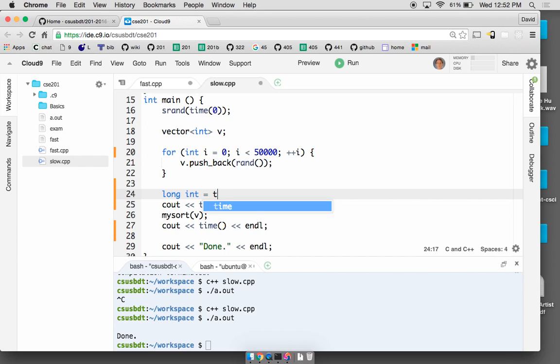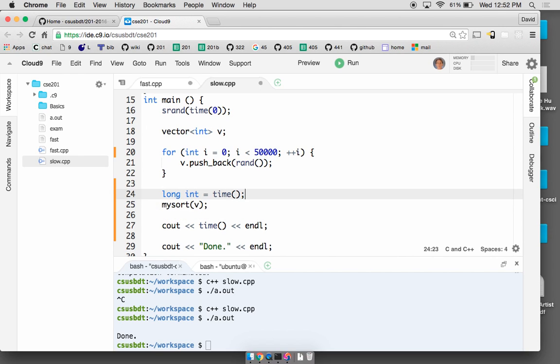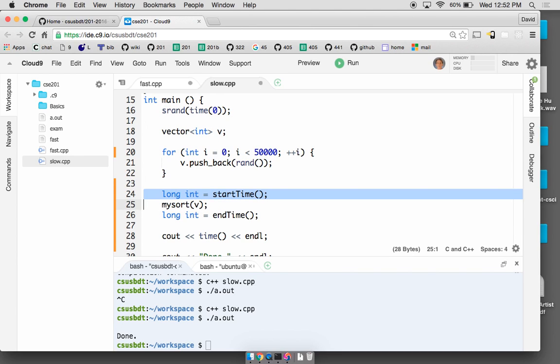Some time function you call. So this would be the start time, and then you want the end time. So you record the start time. Oh, sorry, this is not right. Start time equals, and I don't know if this is the right expression.